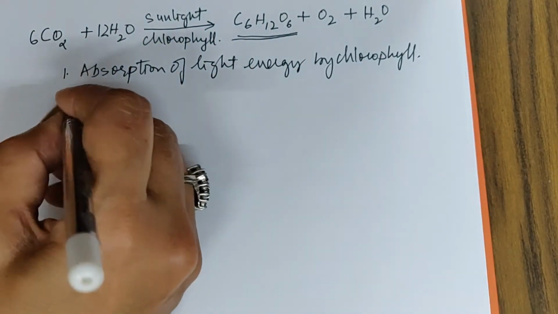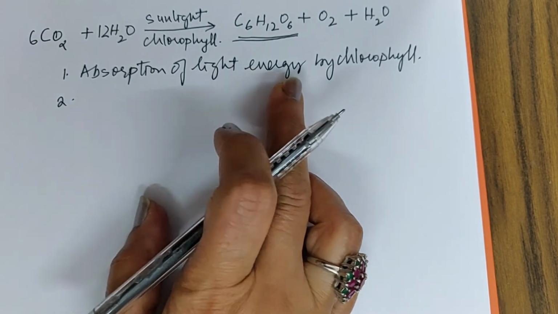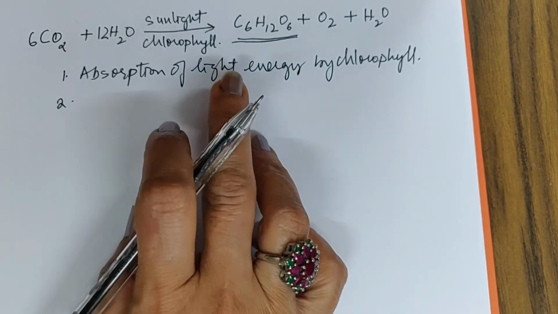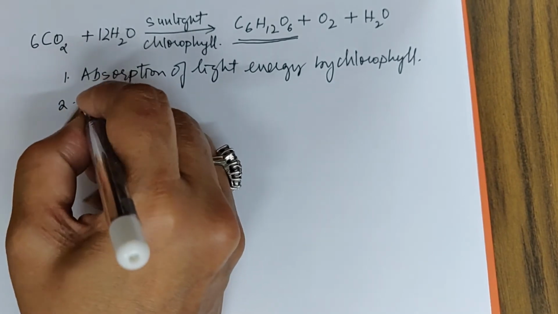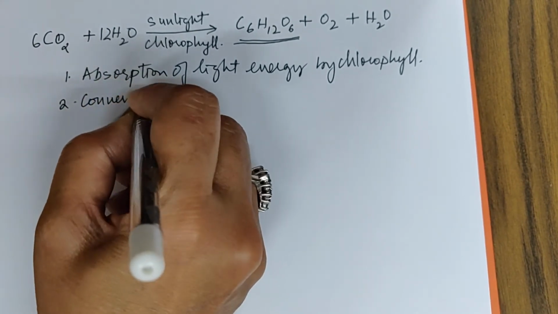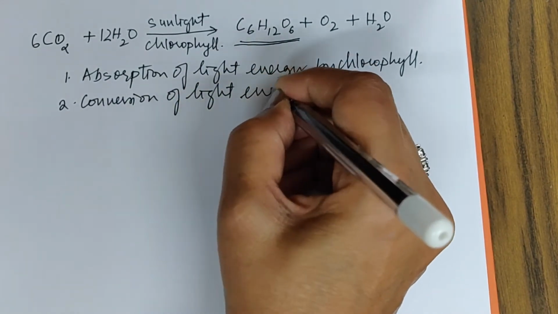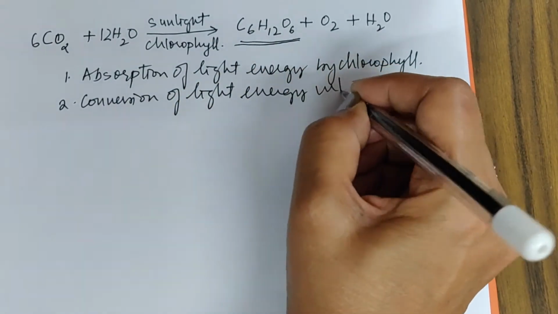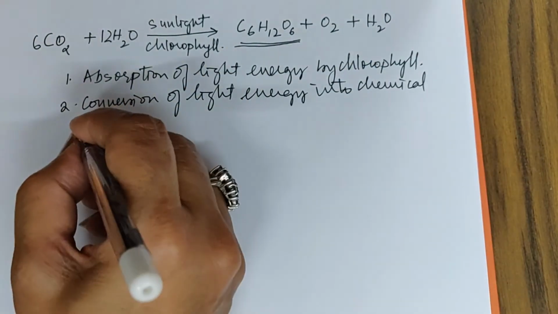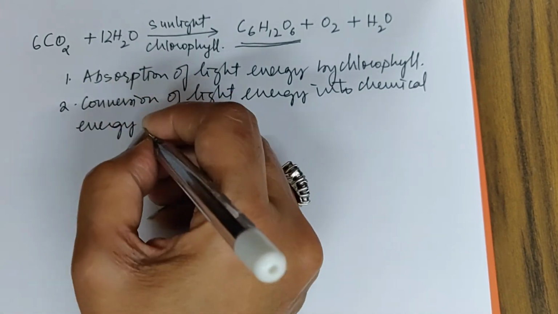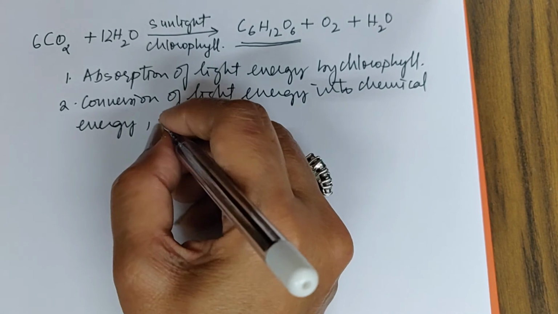The second step is the conversion of this light energy into chemical energy and the breakdown of the water molecule. So there is conversion of light energy into chemical energy, and there is splitting of water molecules into hydrogen and oxygen.